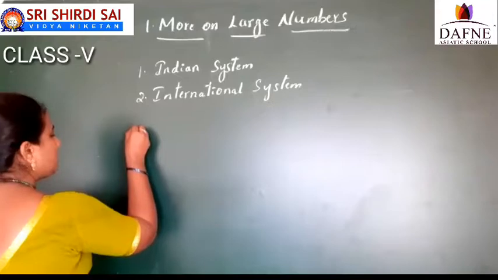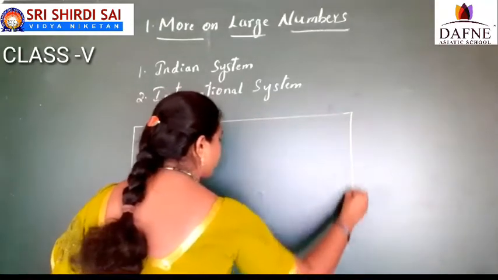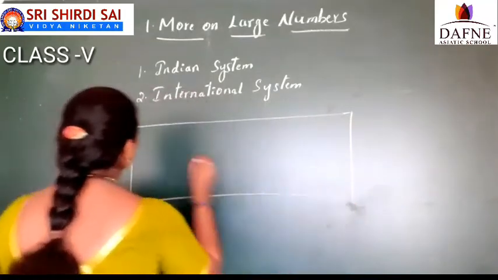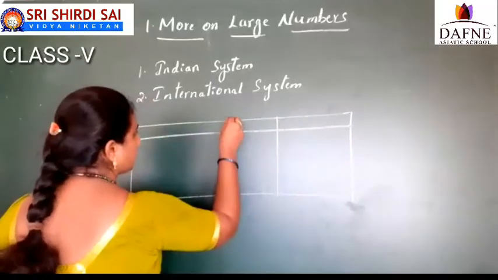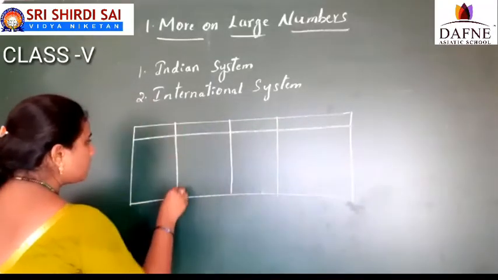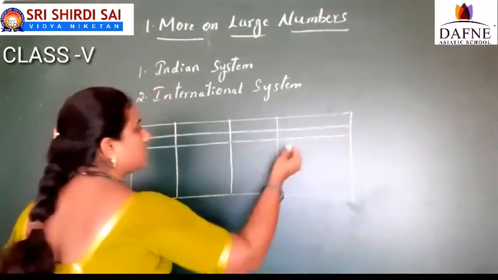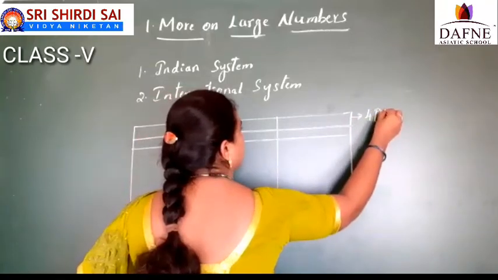Let us see the place value chart of the Indian system. The Indian system has 4 periods. How many periods? 4 periods.